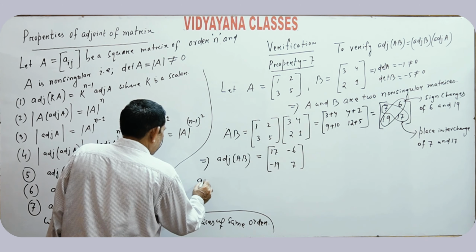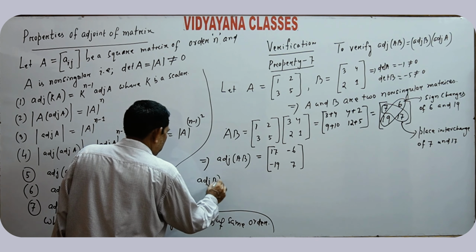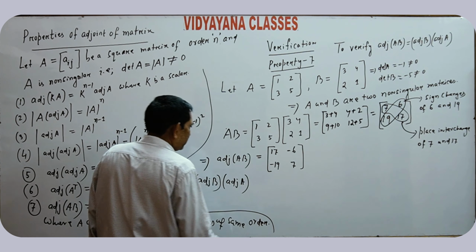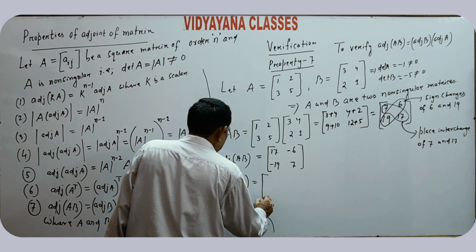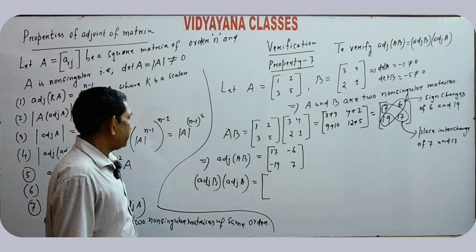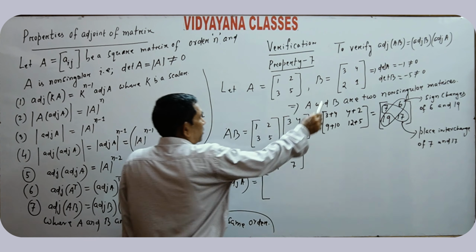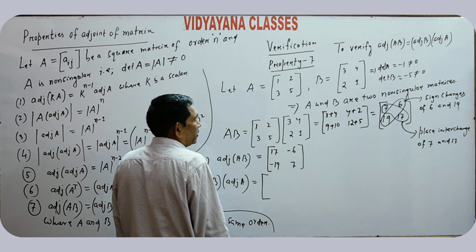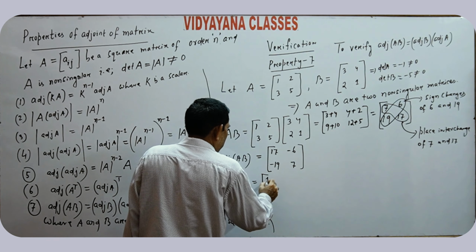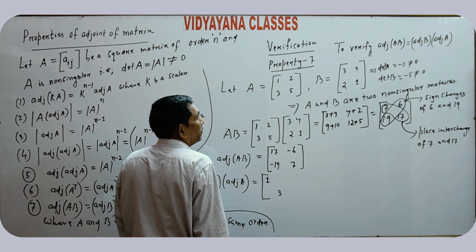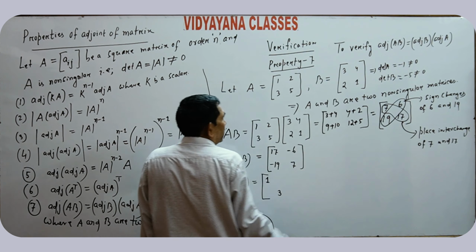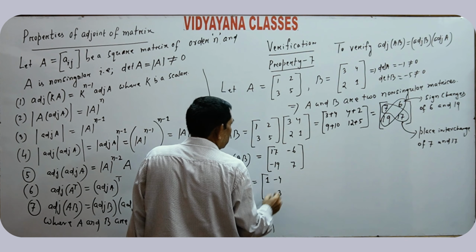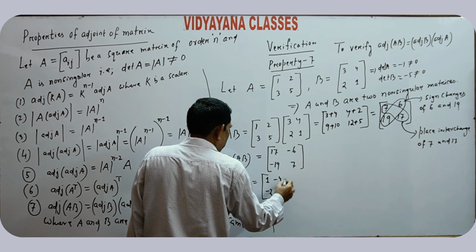Next, the adjoint of B into the adjoint of A. What is the adjoint of B? Interchange the places of the diagonal elements, that is 1, 3, and change the signs of 4 and 2, that is -4 and -2.